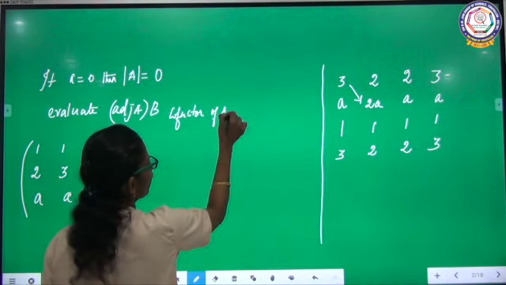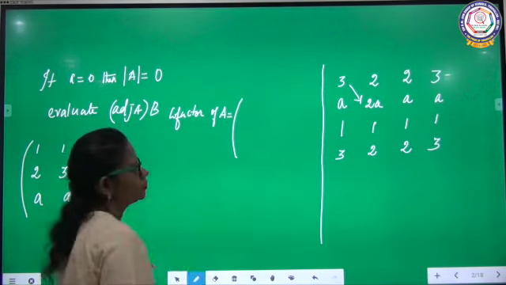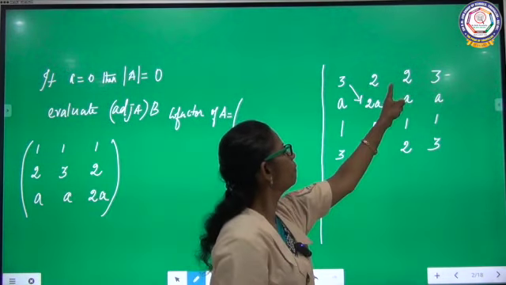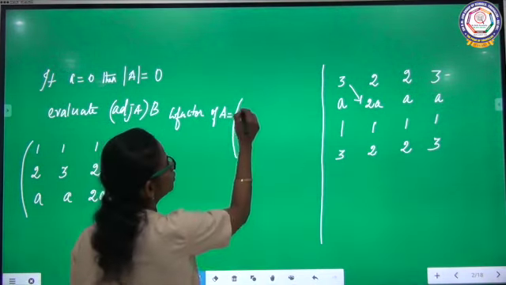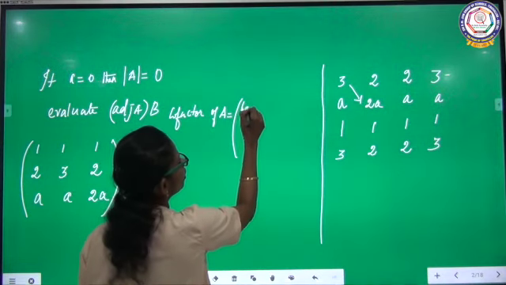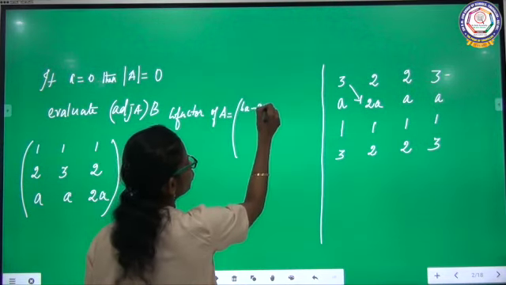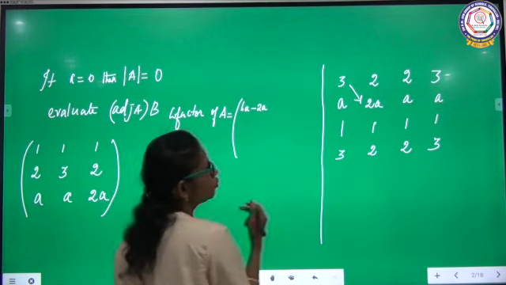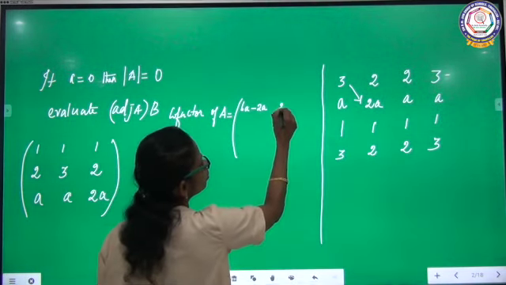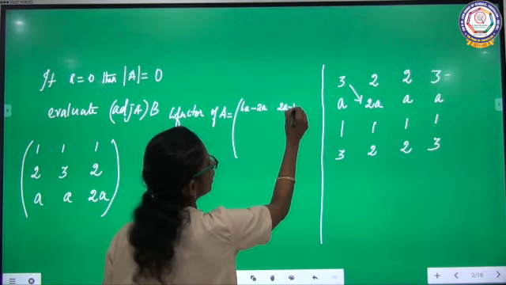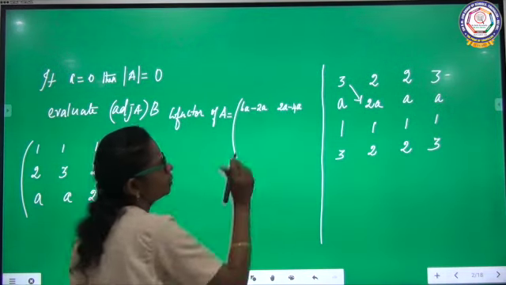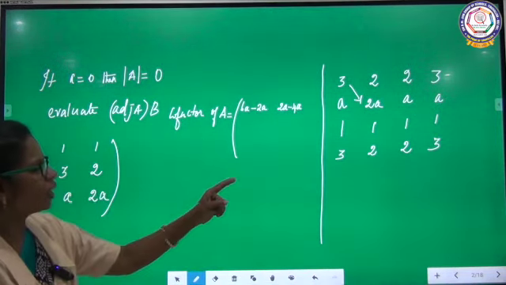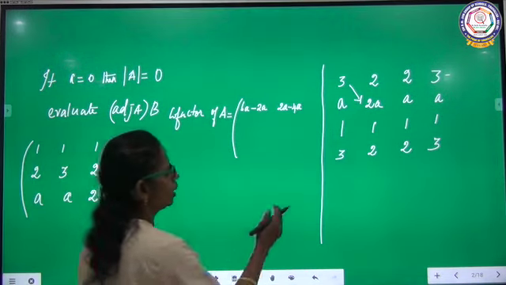Cofactor of A equal to 6A minus 2A. Next, 2A minus 4A. Next, 2A minus 3A.